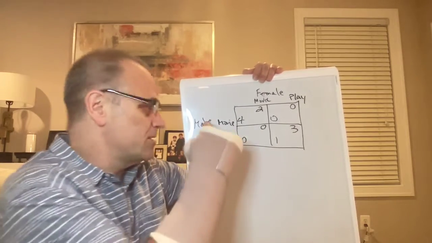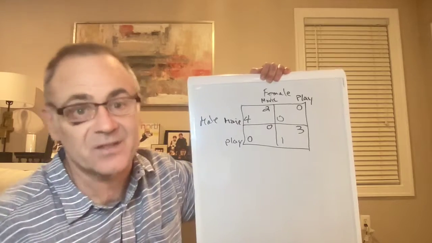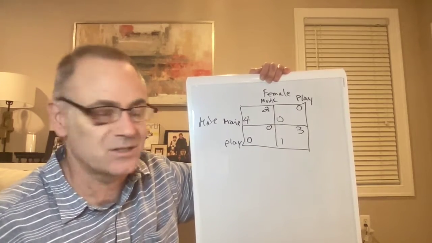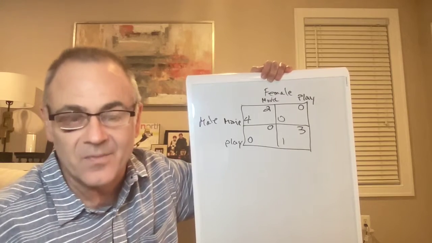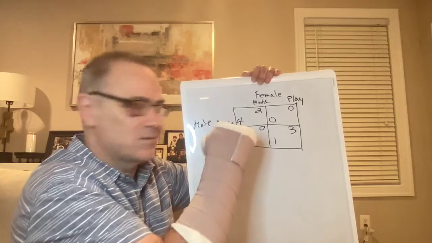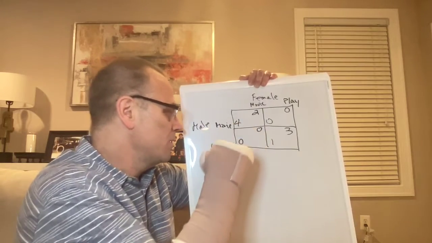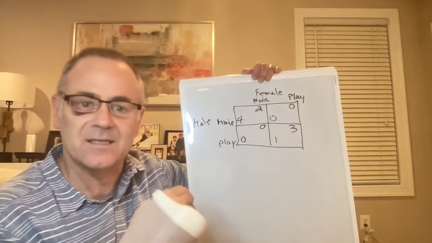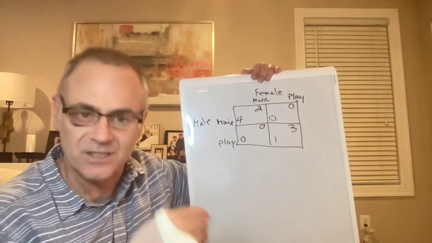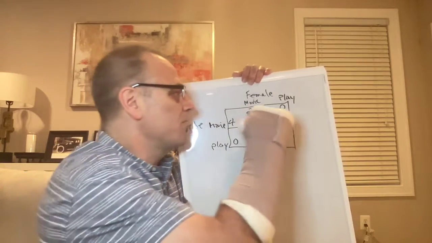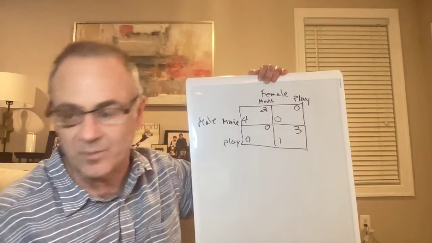Same thing goes for the male. So now here's how the mixed strategy equilibrium works. So the equilibrium god has to pick a probability for the male to go to the movie, probability play. The male has to randomize in just such a way as to pick a probability just right so that the female is indifferent between movie and play.